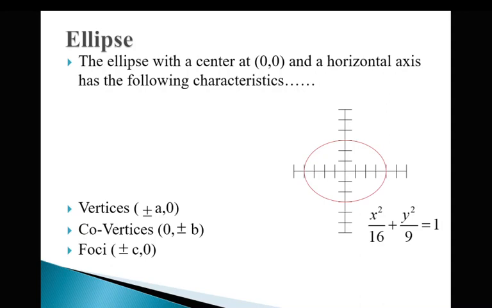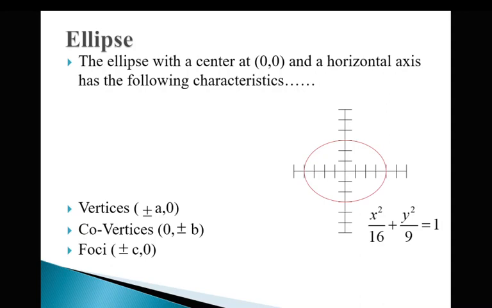So a squared is 16, and my bigger number is under my x value. X values are my horizontal values. So if the bigger number's under the x, it's horizontally major. If the bigger number's under the y, it's vertically major. That's the easiest way to tell if an ellipse is vertical or horizontal: is the bigger denominator under the x, or is it under the y?